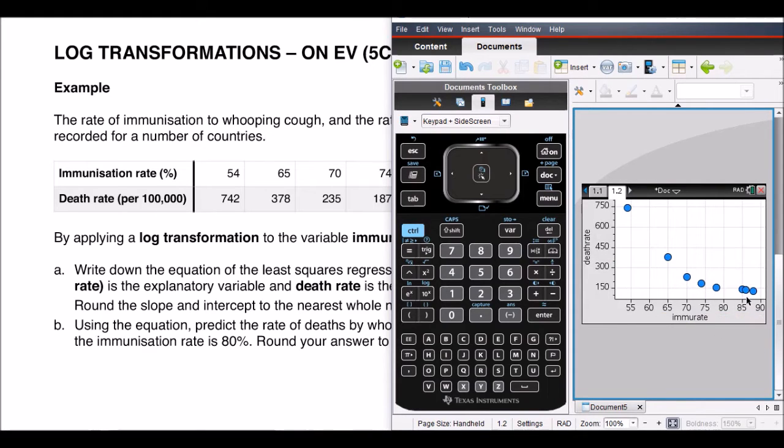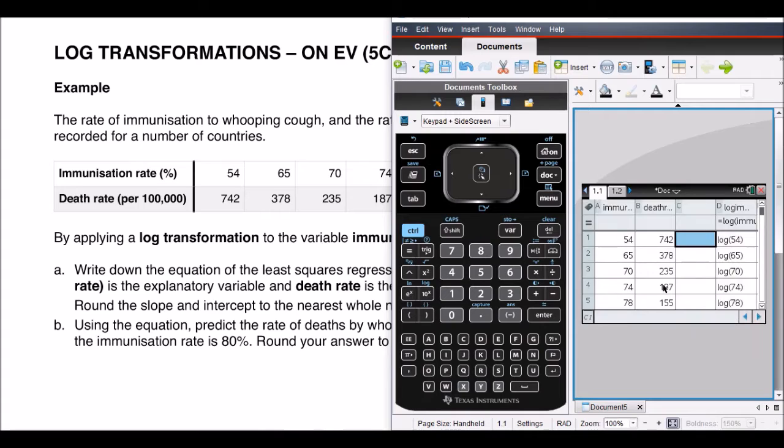Notice how it's curved. With the log transformation on the ImmuRate, it is a little bit more linear than before. It probably could be better, but that's okay. It pushes the data forward and makes it more linear. So there's my log transformation.